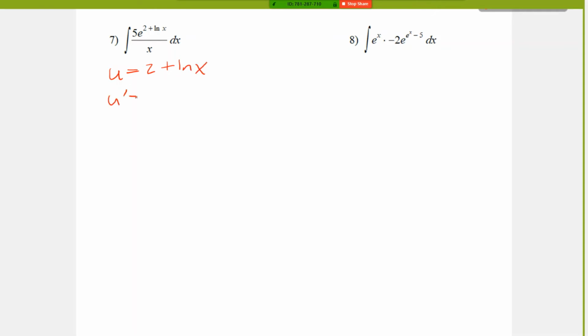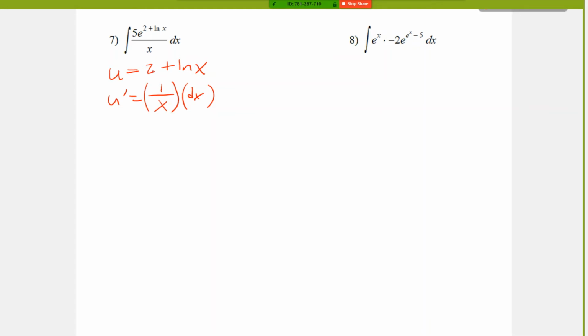What happens if I derive that? 1 over x times x. Really close. 1 over x times dx. That derivative of x would normally be 1, but I'm going to write it there just in case x is a function. So that's this chain rule.